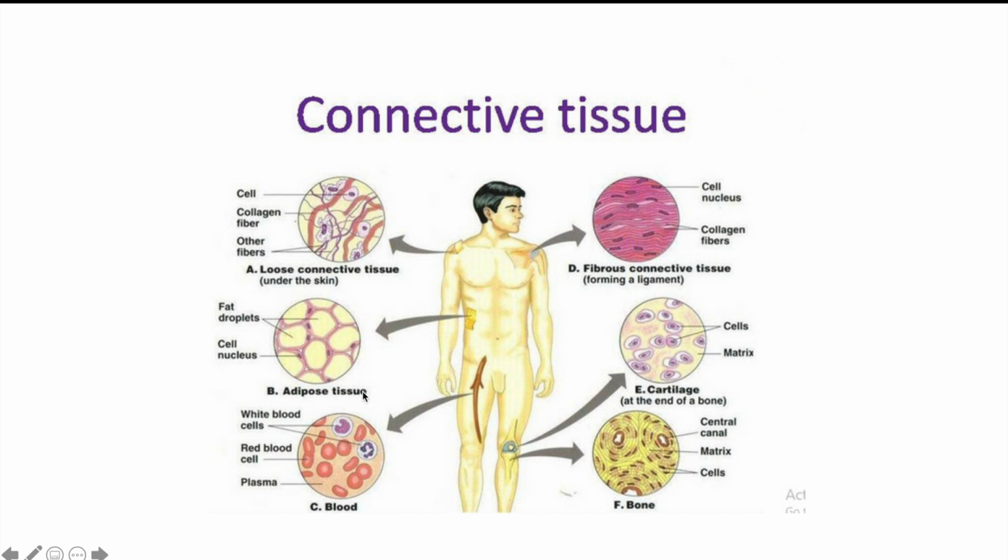Under the skin is a very important location for adipose tissue. Blood is a connective tissue, and again you can see the cells are further apart, and so there is going to be an extracellular matrix, and there are going to be fibers within the blood plasma. That fluid is going to have fibers within it that make up that connective tissue extracellular matrix.